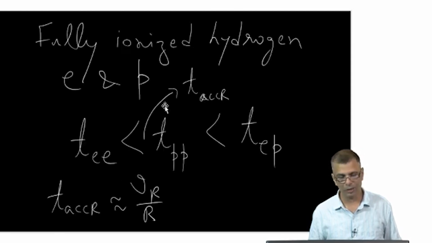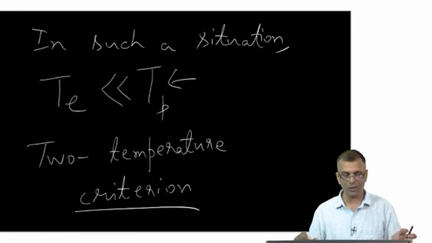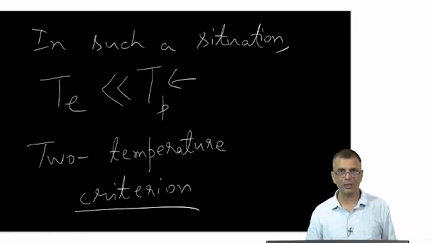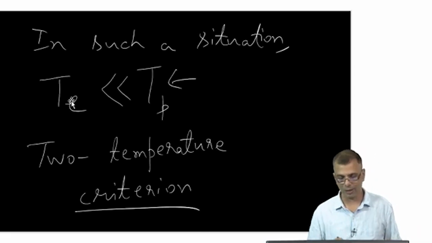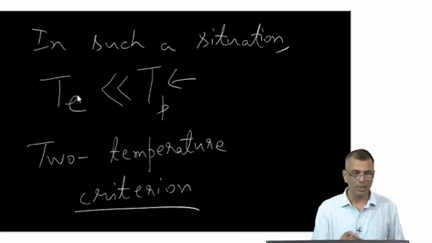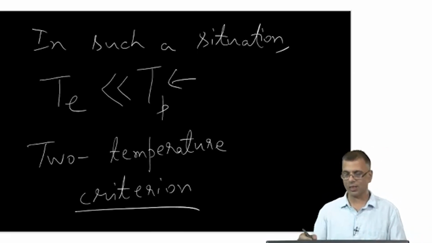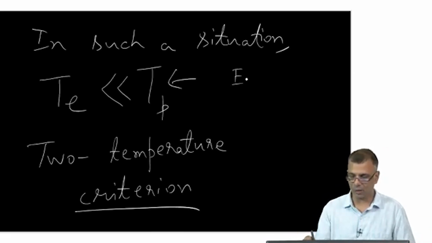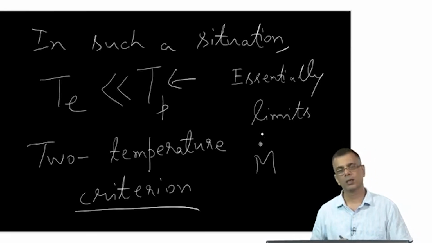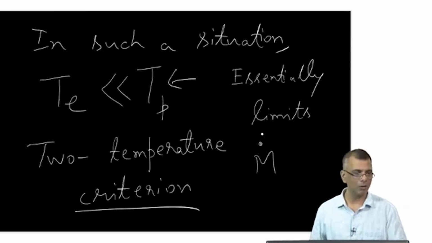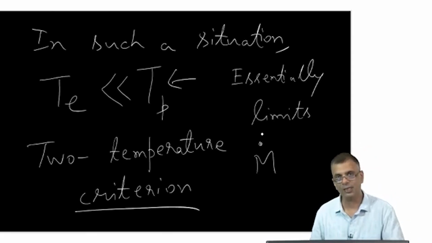So these three things conspire amongst each other to leave the protons much hotter than the electrons, and this is what's called the two temperature criterion, and this essentially limits the m dot. Okay, and this is what it all boils down to. The m dot, the accretion rate, has an upper limit.